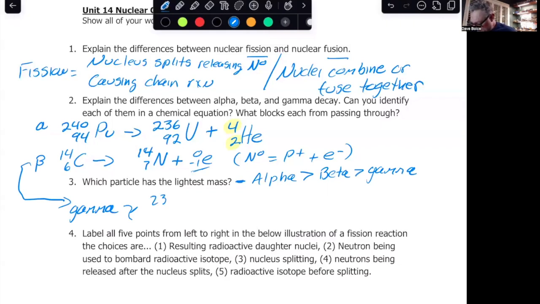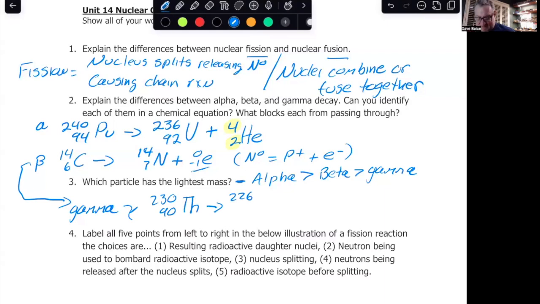So 230 over 90. This is a very large radioactive isotope, and we're going to do an alpha decay. I'm going to take out two protons and two neutrons, which is going to drop my mass number to 226.